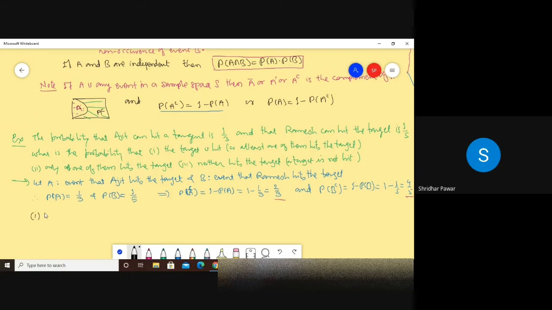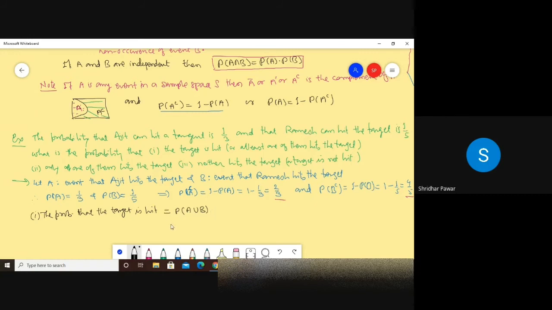The probability that the target is hit is equal to, means either A will hit or B will hit or दोघांनी मिळून, कोणी केलं तरी चालतं आपल्याला. So P of A union B.